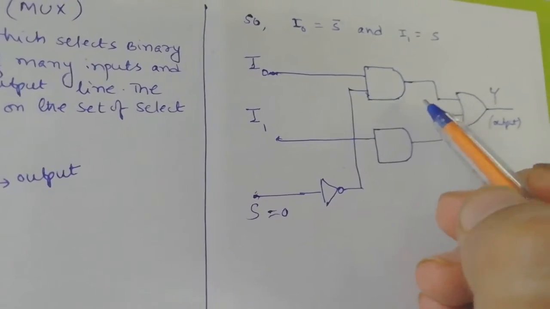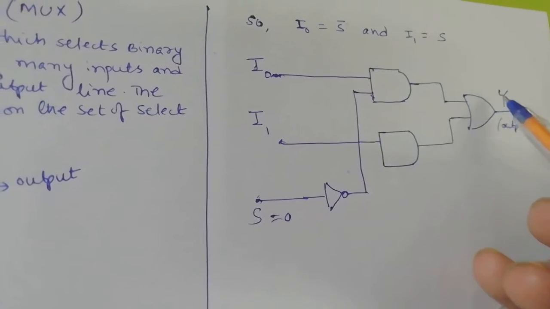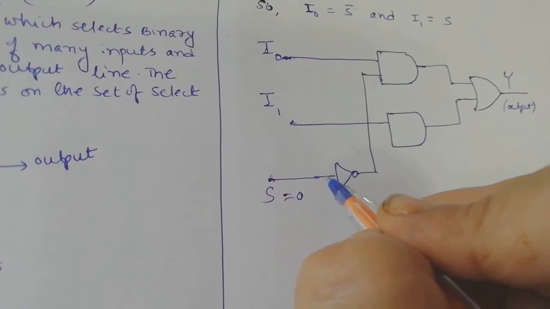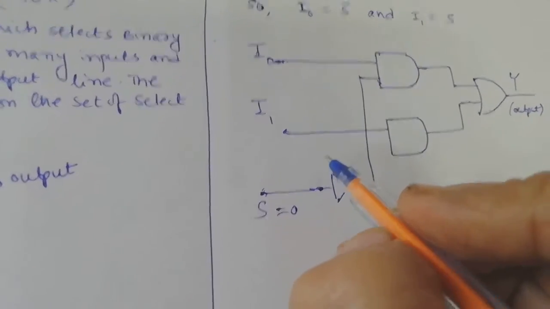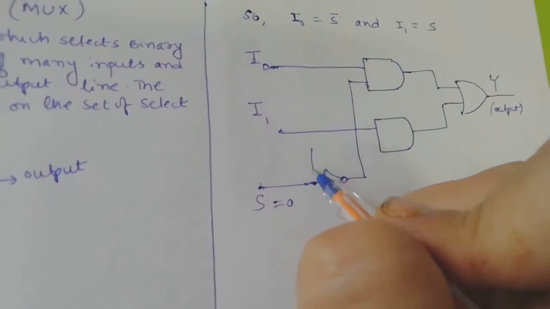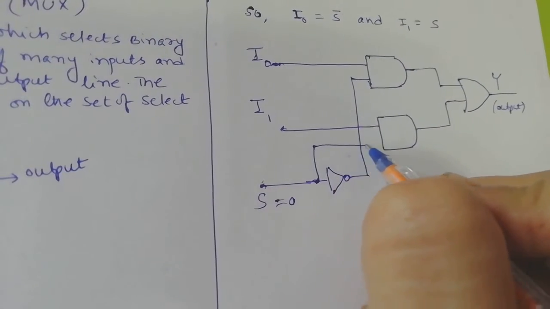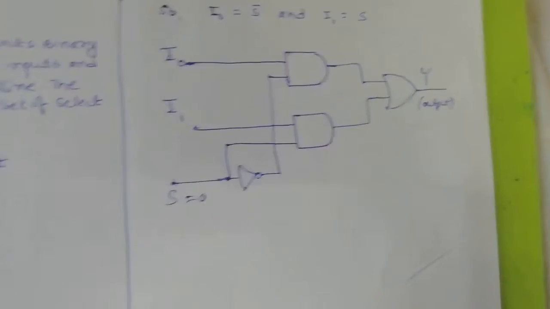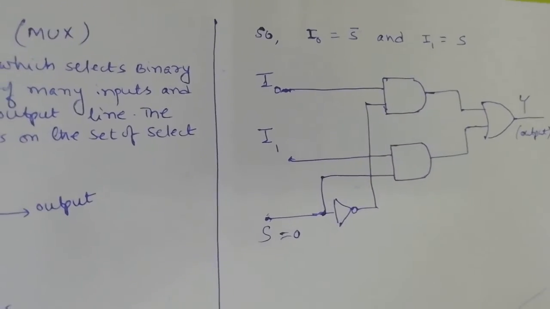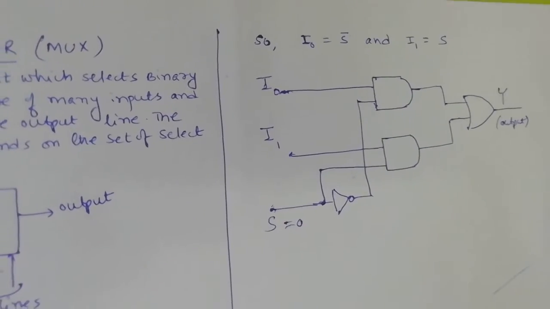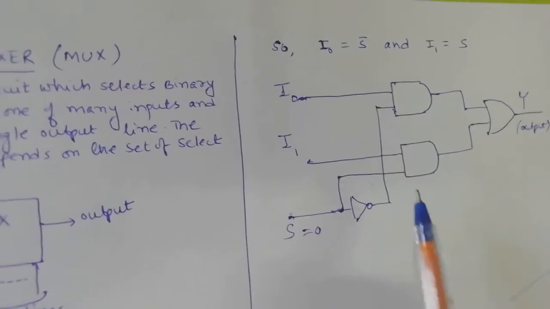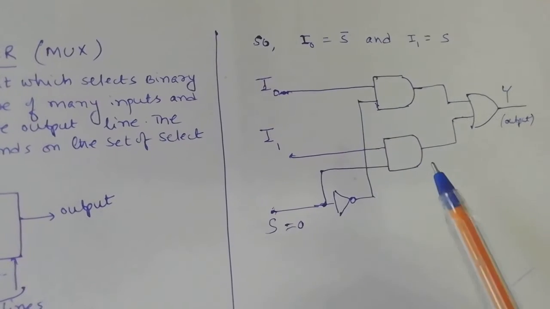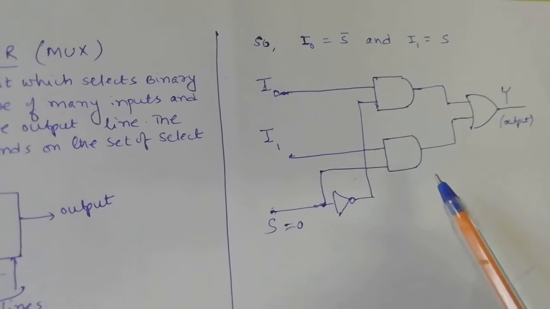So when S is 0, I0 will be directed to the output Y. I have drawn this since I wanted you to understand the logic of how this particular circuit is constructed.